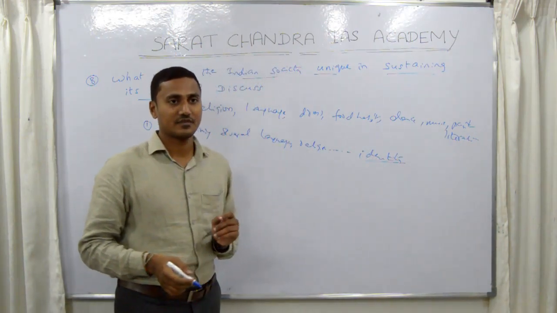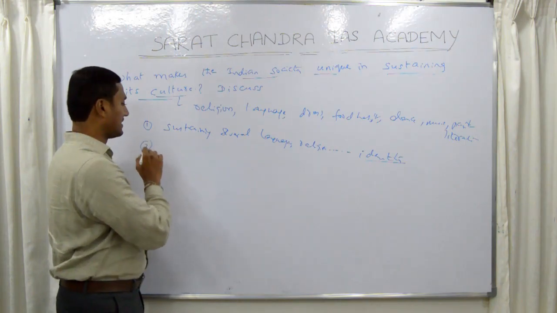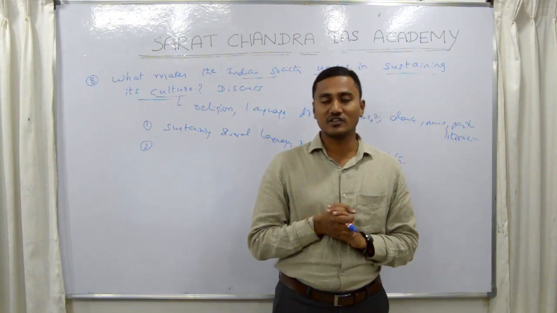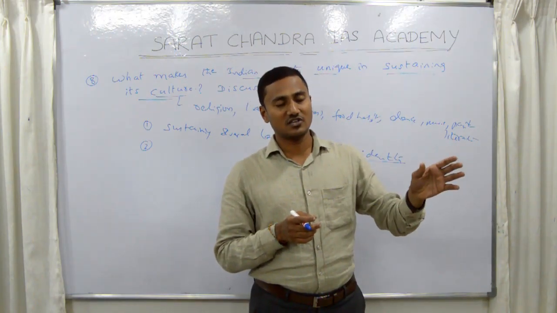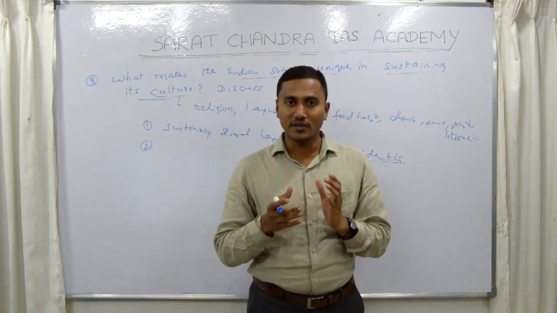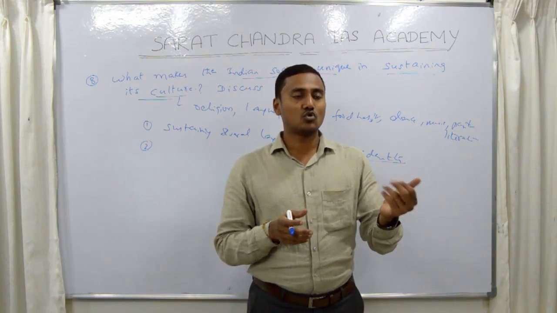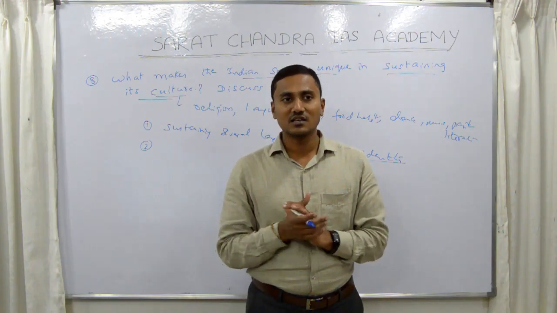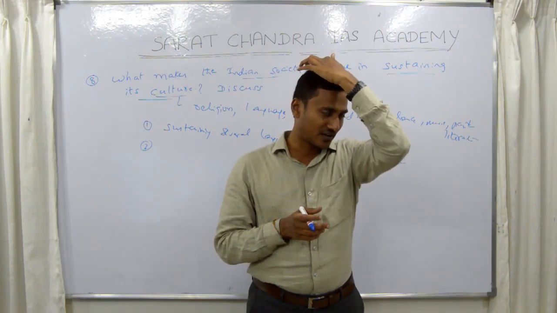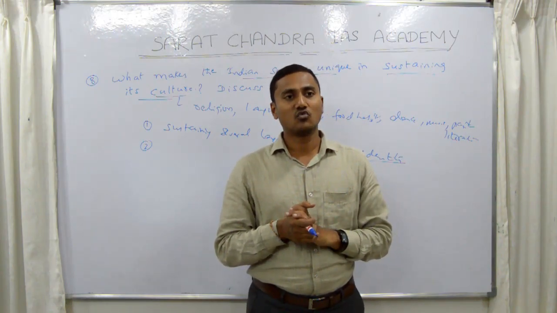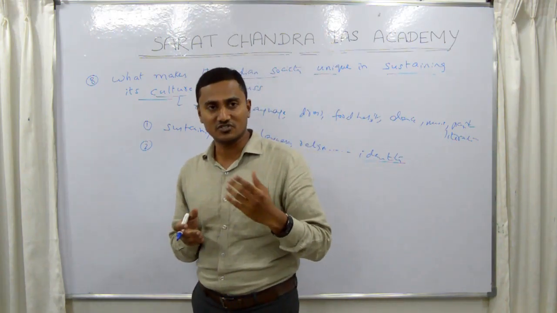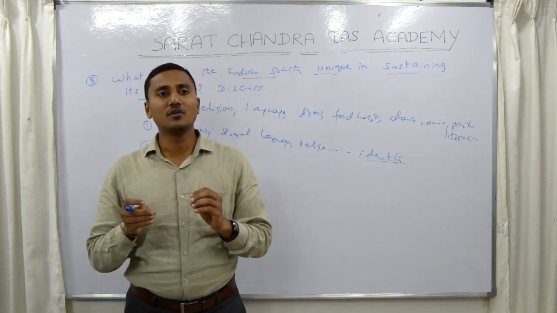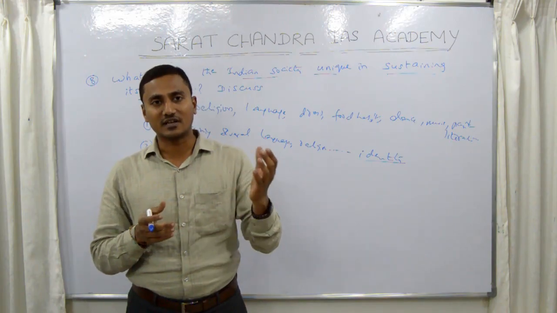Similarly, you can say another unique thing in India's sustained culture is that right from the Indus Valley civilization, later when we were ruled by the Mauryas, then the Kushans, sometimes the Parthians, then Satavahanas, Guptas, and later the Mughals who came from Central Asia, even the Delhi Sultanates who came from outside, and then the Britishers who came from Europe, we were ruled by people from different backgrounds and different countries.